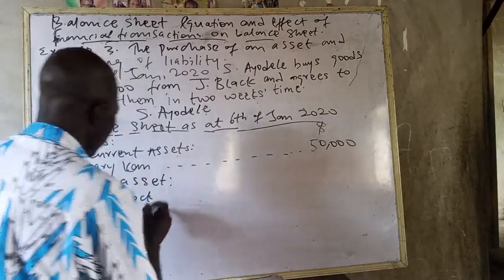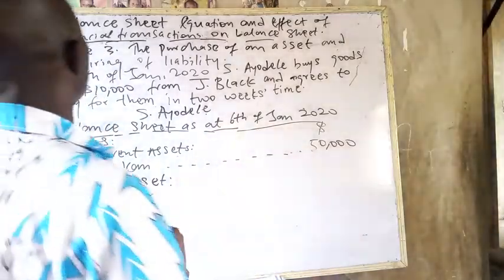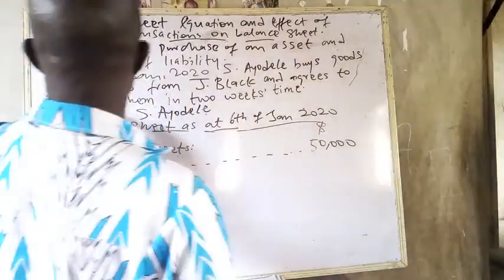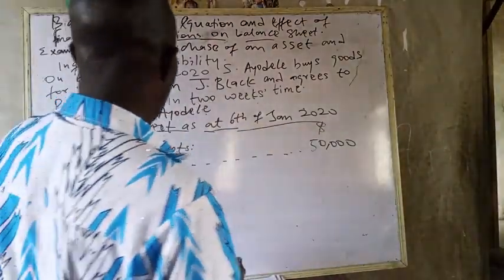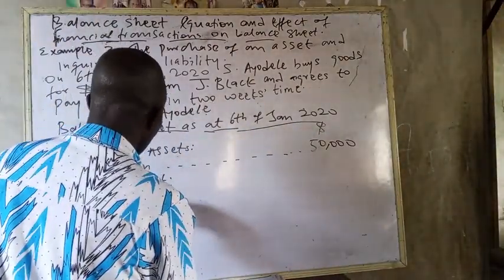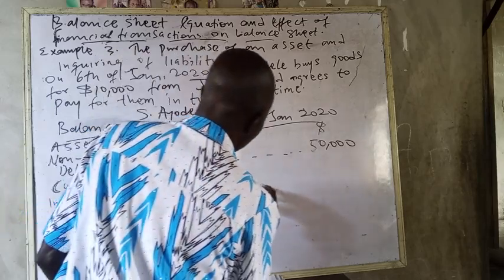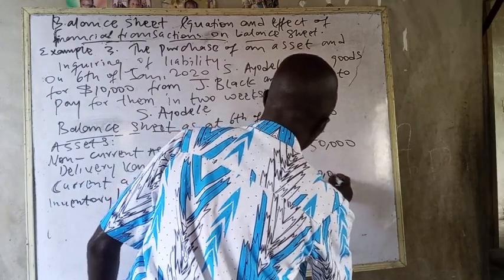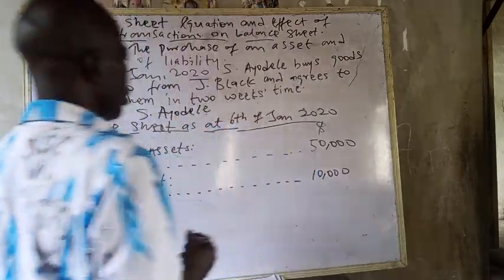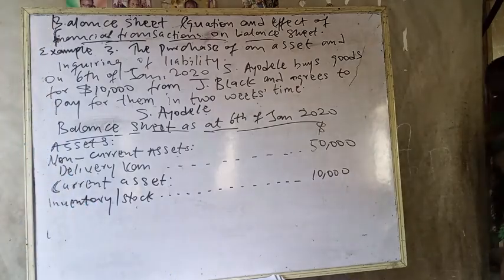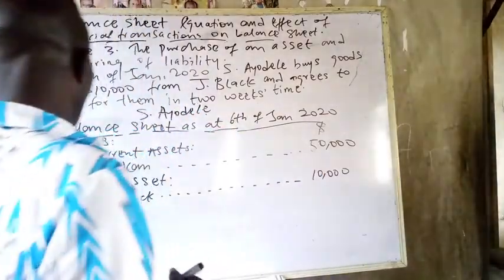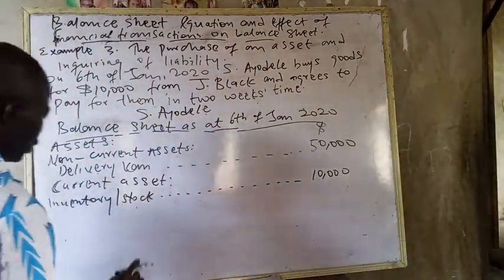So how much now? Say he bought 10,000 from J Black and agrees to pay for them in 2 weeks' time. So under our current assets, what do you have now? We have $10,000, right?